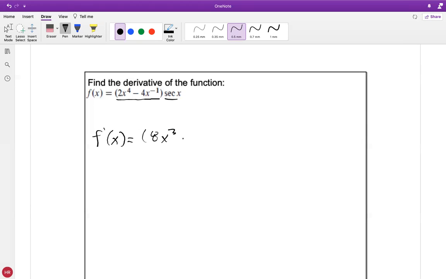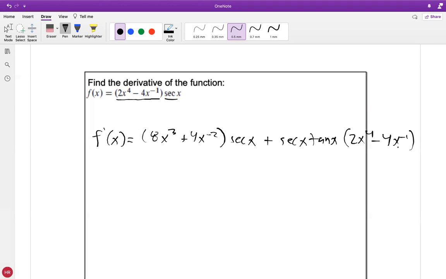Negative is going to be plus 4x to the negative 2 times the second one. Plus, I'll write it right here, plus the derivative of the second one times the first. Derivative of secant is secant x tangent x. And then just times the first one as it stands, 2x to the 4th minus 4x to the negative 1.